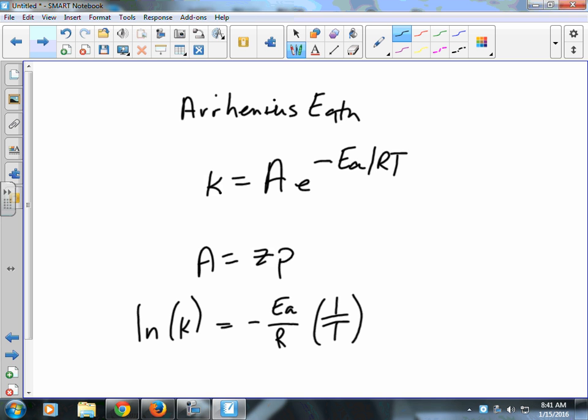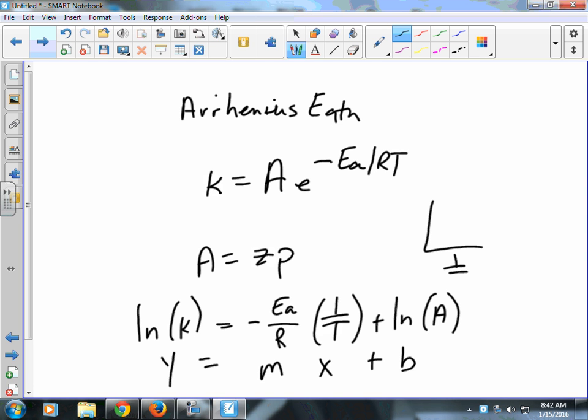If we plot y equals mx plus b, if we plot 1 over temperature on the x and natural log of rate constant on the y, if we get a straight line, that represents what? Negative E sub A over R. And from that, we plug in the ideal gas constant, and we have activation energy, numerically.